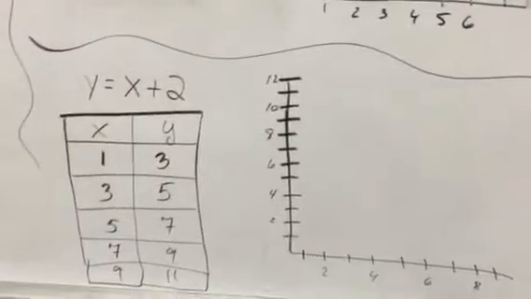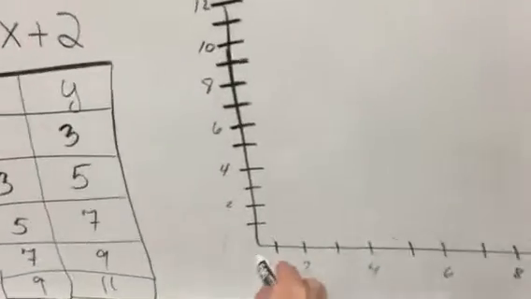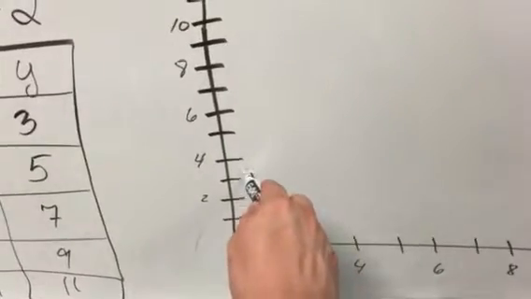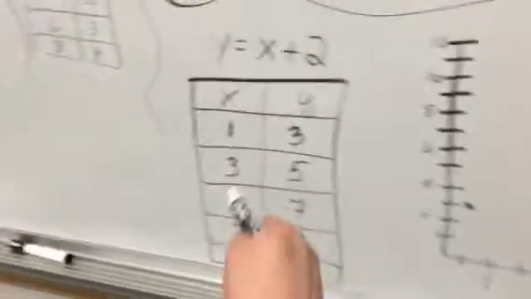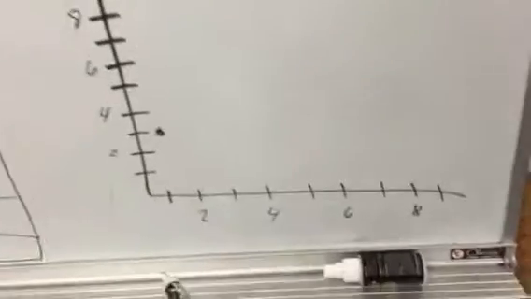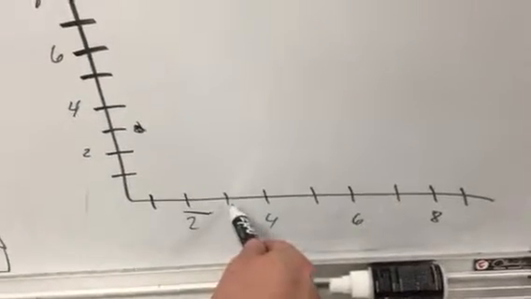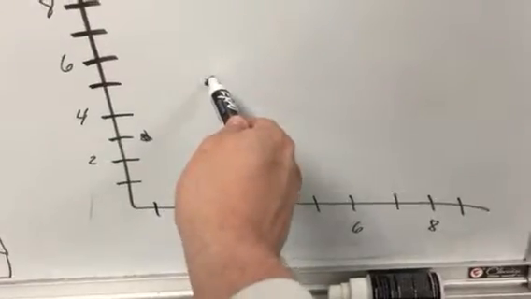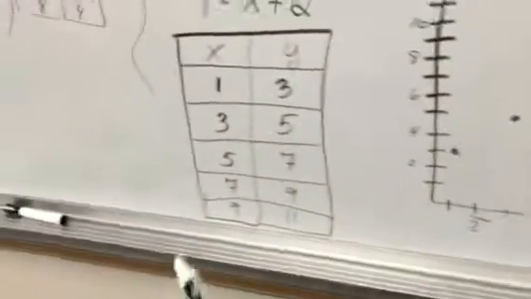We have 1, 3. So we find 1 and 3. We have 3, 5. So we go to 3 and up to 5. 5 and 7.